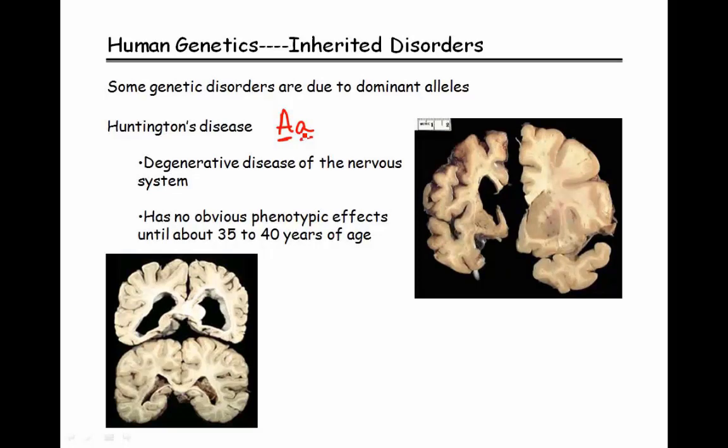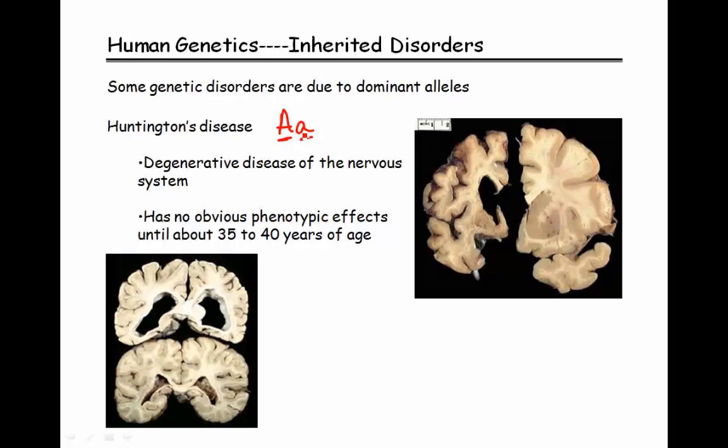There is a genetic test for this one now that you can get to see if you carry that allele. Again, you would know if it ran in your family. If it did, you could get the test and find out if you were going to get Huntington's disease when you got older. Some people would decide that they want to have the test and want to know.